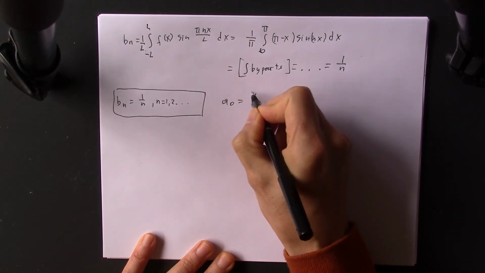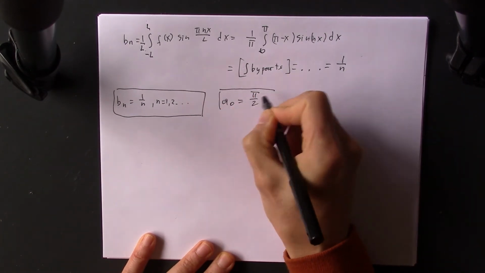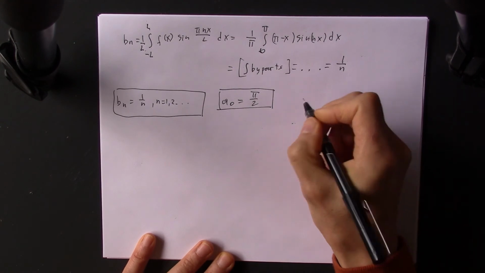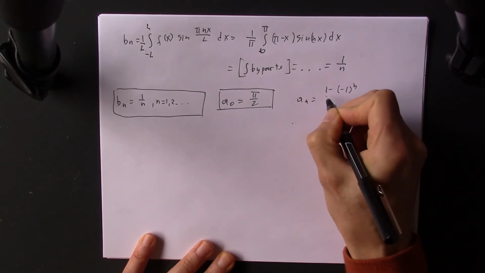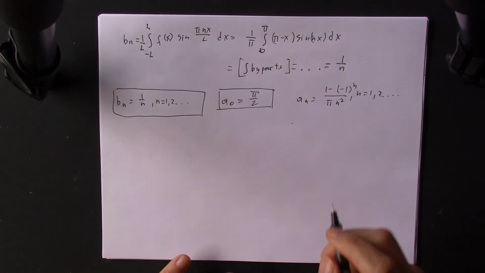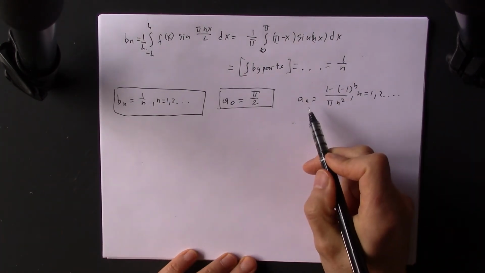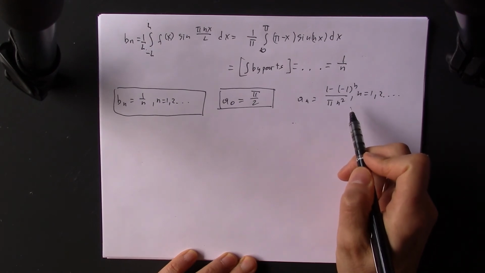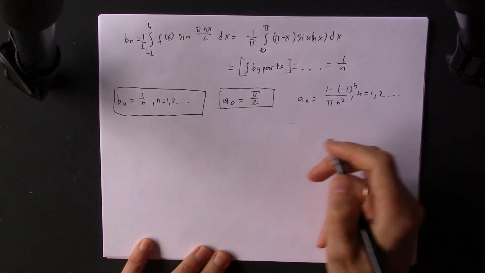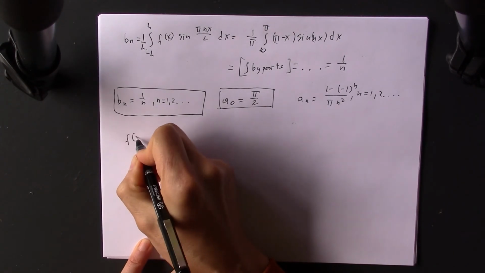A0, recall we did the calculations just a minute ago, equals pi over 2. An equals 1 minus negative 1 to the n over pi n squared, when n equals 1, 2, and so on. So we're ready to write down the Fourier series for our function f of x.